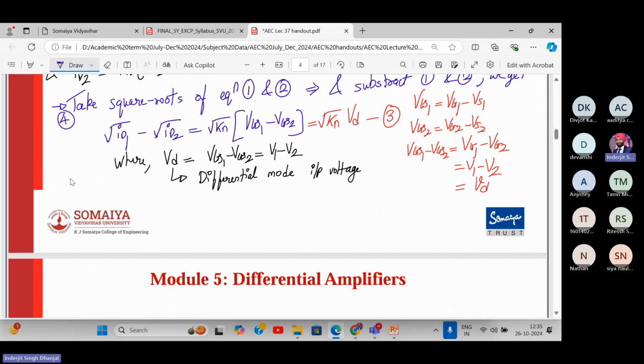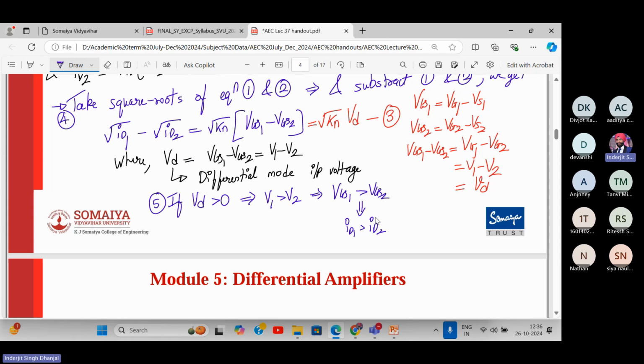This is the fifth one. If this differential voltage is greater than 0, that means what? Can I say V1 is greater than V2? Yes, no? And can I say VGS1 is greater than VGS2? Yes or no? And because of this, can I say ID1 is greater than ID2?